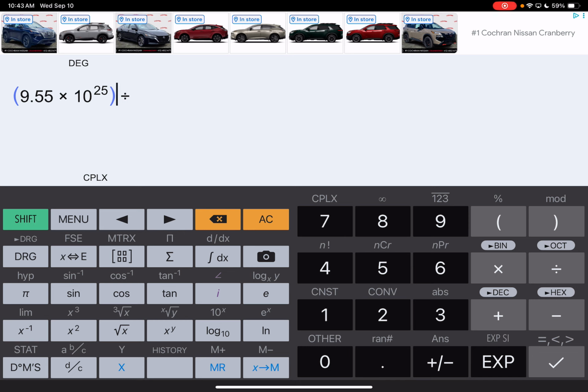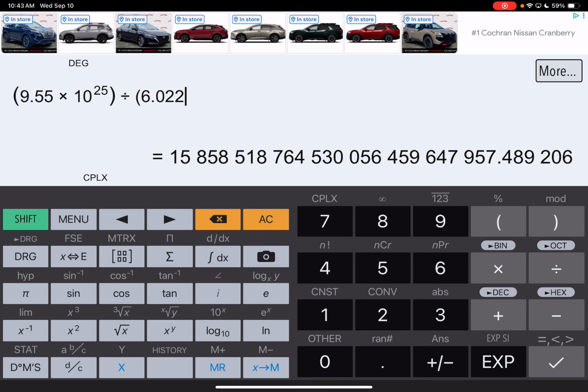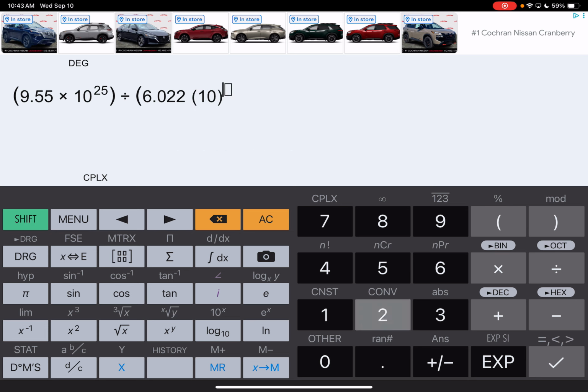Now, even if you're using the big E, like on a graphing calculator, the capital E thing that means times 10 to the, that's the scientific notation button, then you wouldn't have to use parentheses. That's probably the only time when you wouldn't have to use that. Okay, so divided by 6.022 times 10 raised to the 23rd.